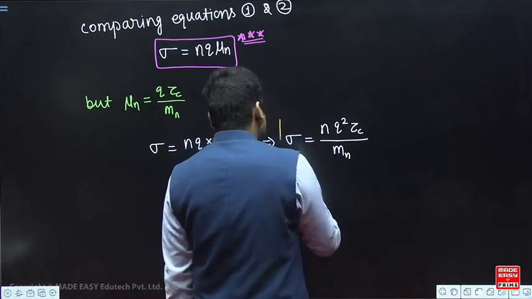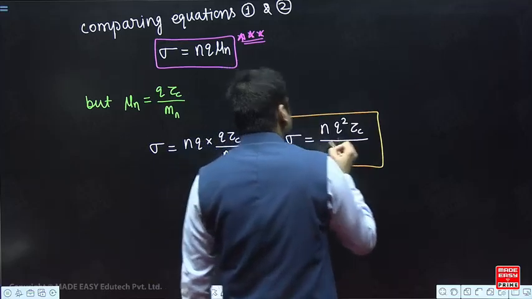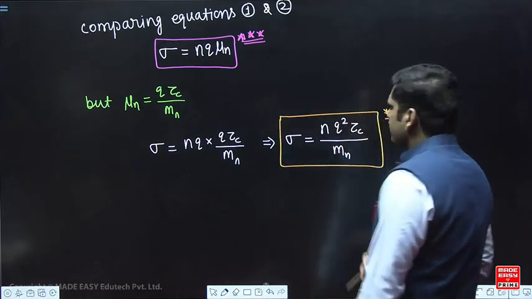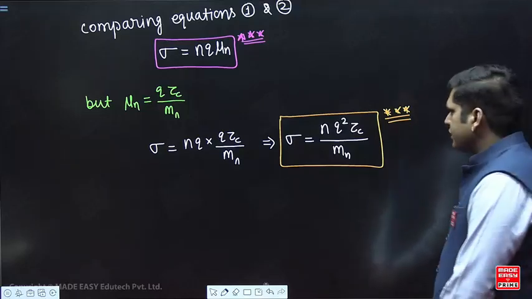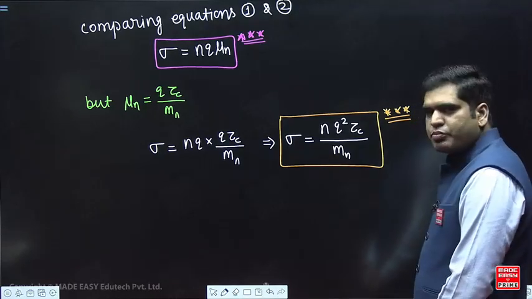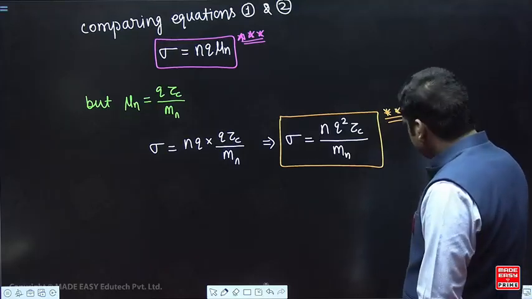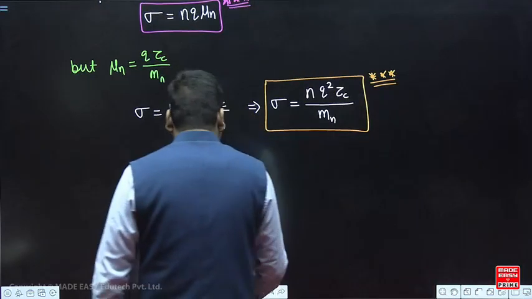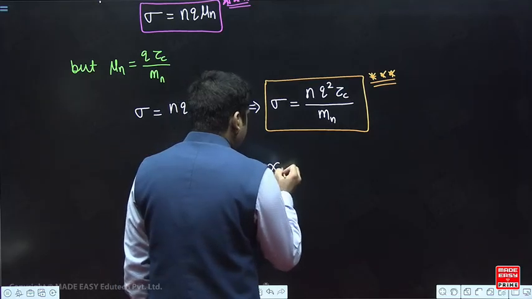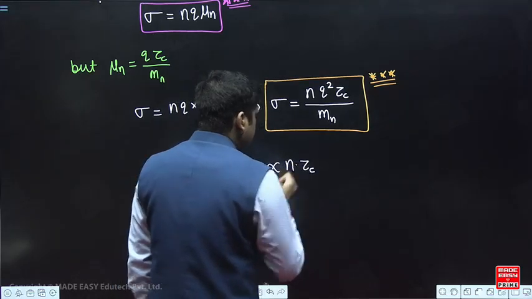This is another relationship for conductivity. Friends, q is constant, that is 1.6 into 10 raised to the power minus 19. mn is the mass of the electron, constant, 9.1 into 10 raised to the power minus 31. So we can write this relationship as sigma is directly proportional to n into tau c.